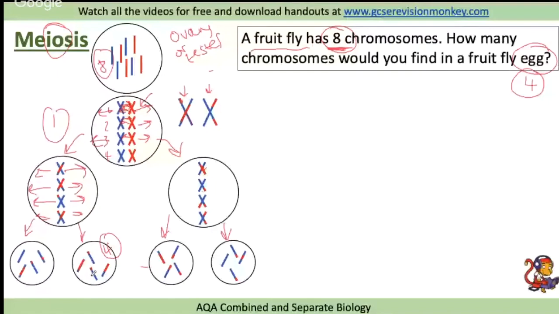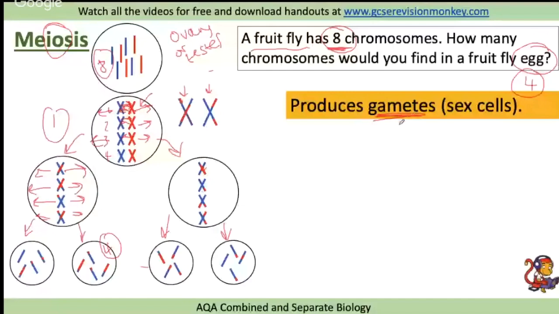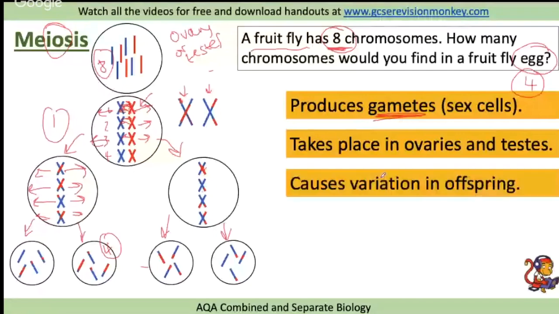They're not the same chromosomes in each one, so they're not identical to each other. And this is the main summary of meiosis. They're to produce the gametes, which are the sex cells, which in animals are the sperm and egg. They take place in the ovaries and testes, and it causes variation in the offspring.